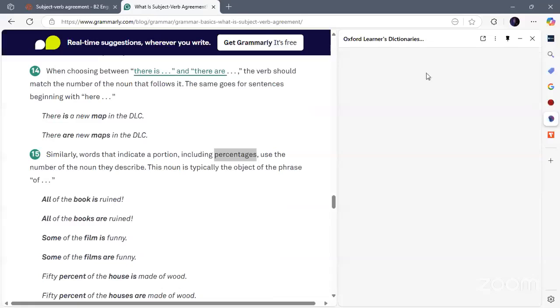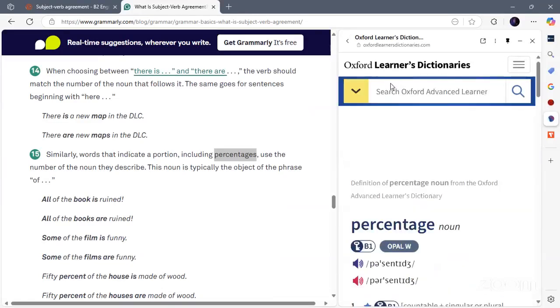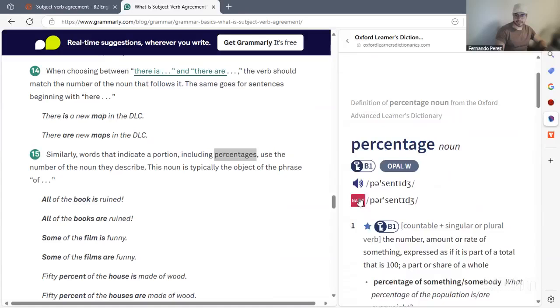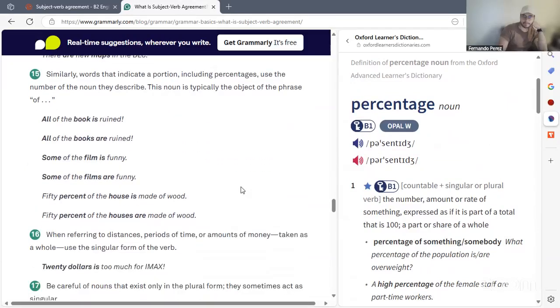Similarly, words that indicate a portion, including percentages, use the number of the noun they describe. Percentages? Yeah, because singular percentage, plural percentages. This noun is typically the object of the phrase of.